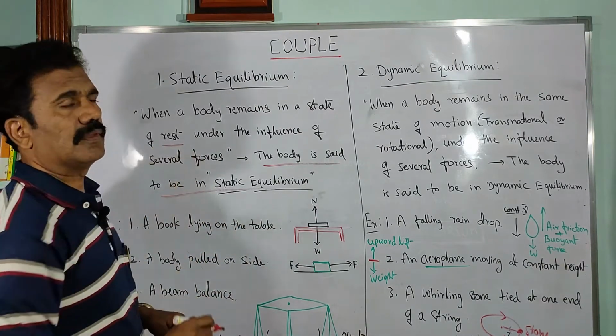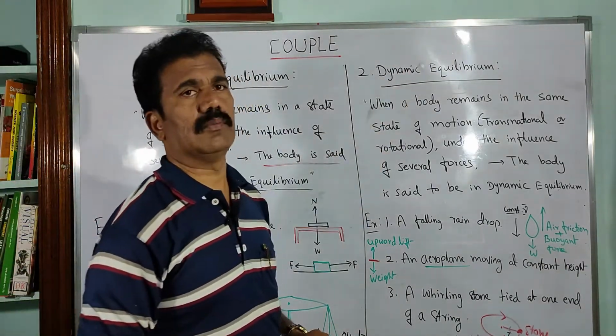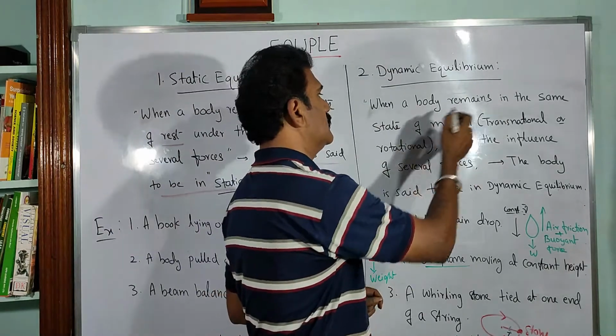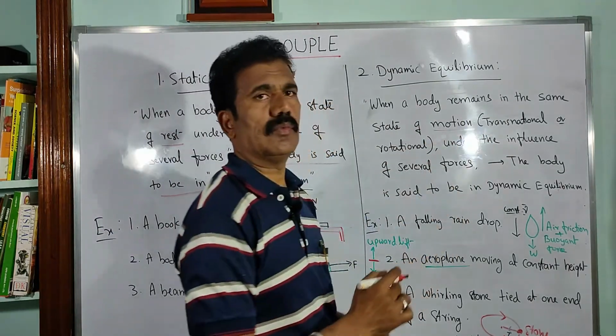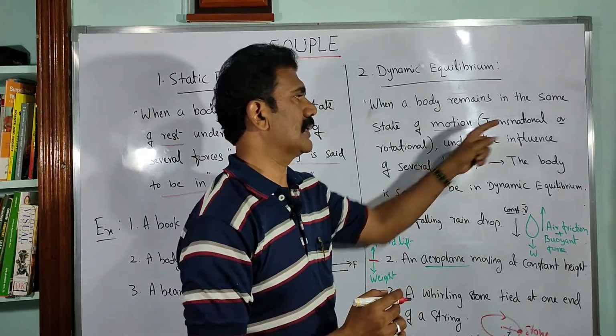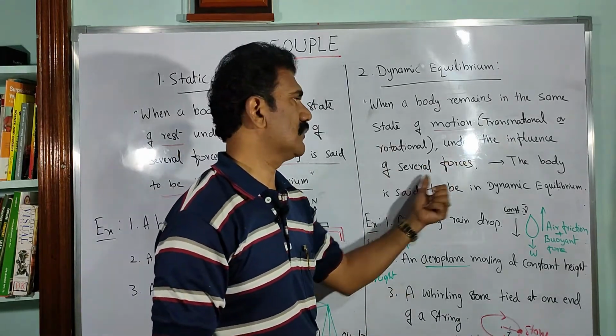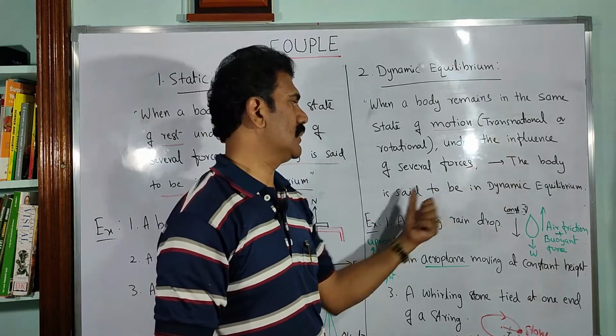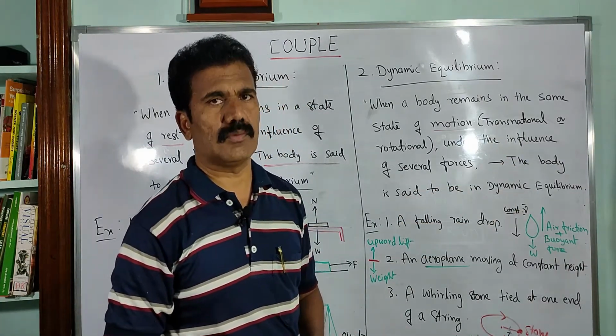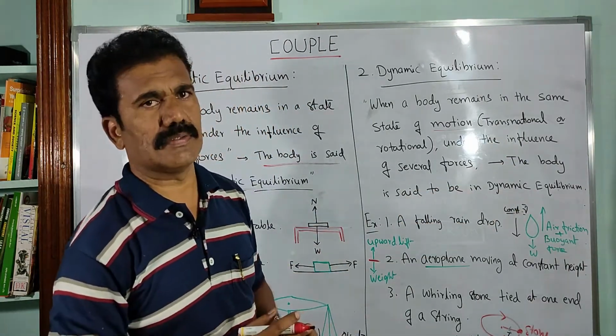Whereas in case of dynamic equilibrium, when a body remains in the state of motion, either translational motion or rotational motion, under the influence of several forces, then the body is said to be in dynamic equilibrium. That is the main difference.